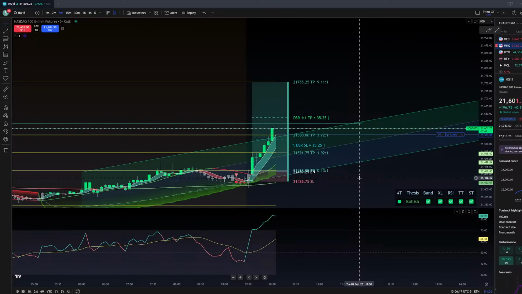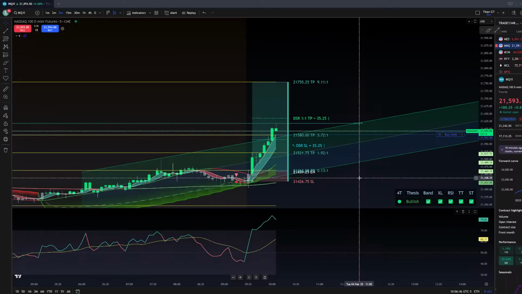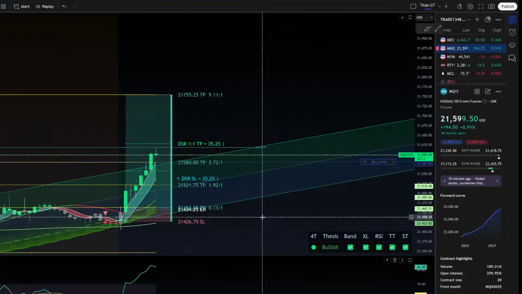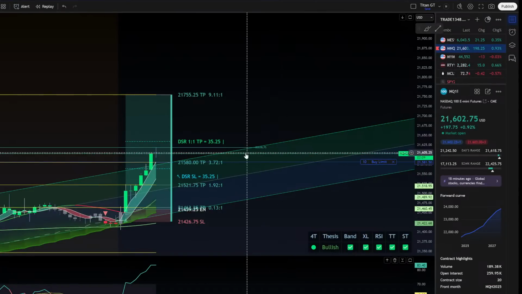Now, if it's looking like a reverse, I don't know. Don't know if I agree with you on that one. Let's see if we get a fill. We'll zoom on in here, see if we get that fill.